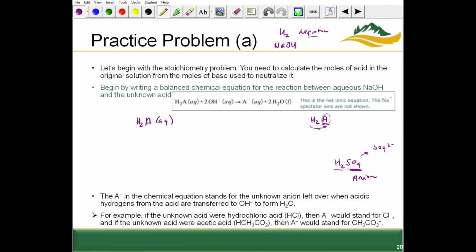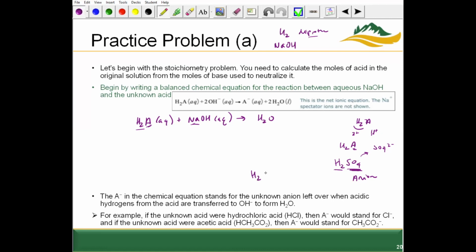So this H2A, this unknown acid, reacts with sodium hydroxide and goes on to form a salt and water. The salt is going to come from Na+ and our anion. For H2A, this dissociates into 2+ because for every one hydrogen, it's plus.